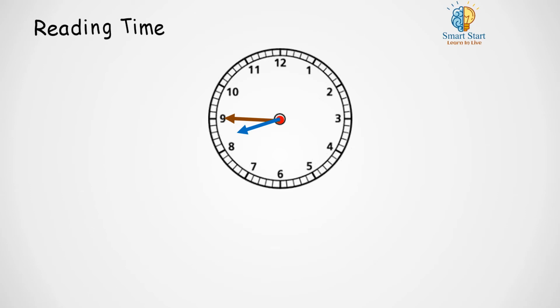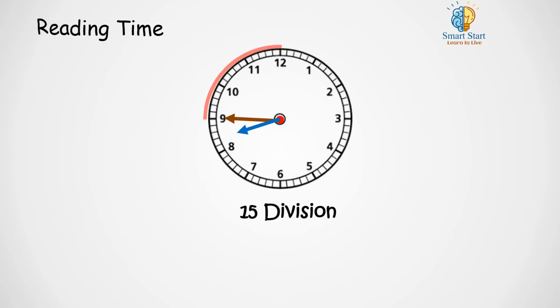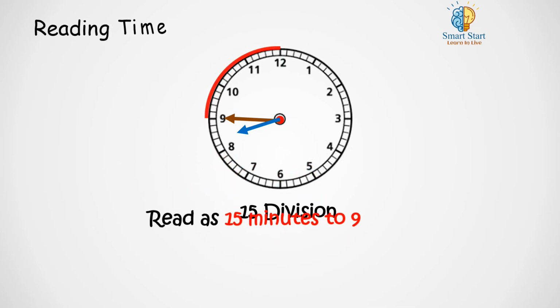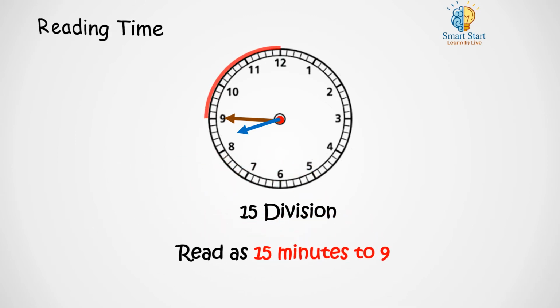Between 9 and 12, there are 15 divisions. This means after 15 minutes, it will be 9 o'clock. This time is read as 15 minutes to 9.